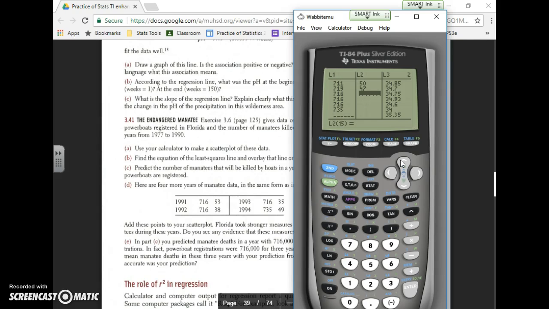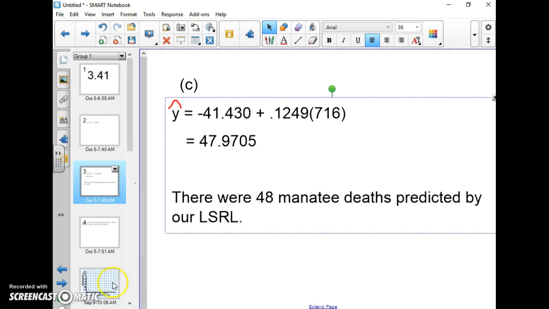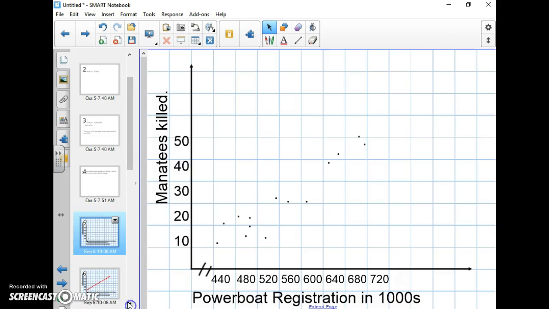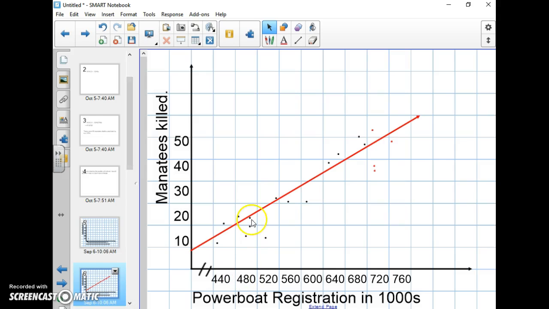And then I do want to enter these as well. So we got 53, 38, 35, and 49. And then I can just go back here again. And now I added the points. Two of them are up here, and then there's 2 down here. If I were to sketch this out, this would be my original, and then this is mine with the line on it, and then these are the extra 4 points here.